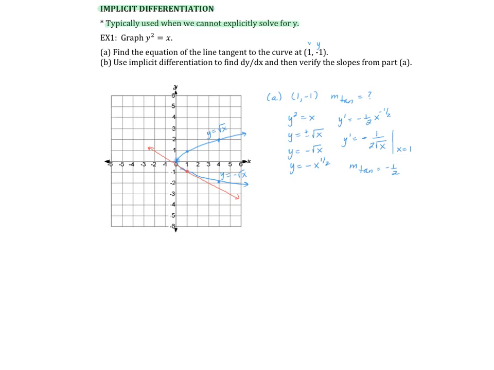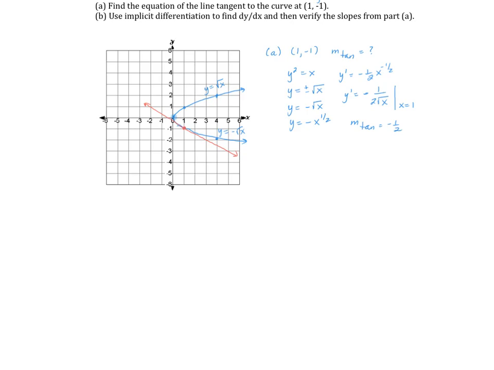Now that I have the slope of my tangent line, I can write the equation of the line, which would be y plus 1 equal to negative 1/2 (x minus 1). And then if we're solving for y and writing it in slope-intercept form, we would have negative 1/2 x plus 1/2 minus 1, or y equal to negative 1/2 x minus 1/2.